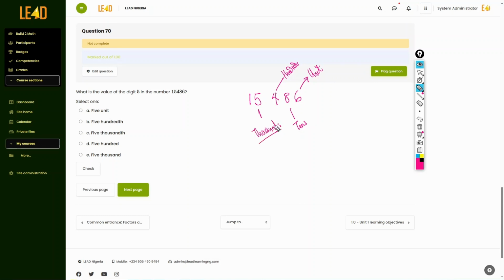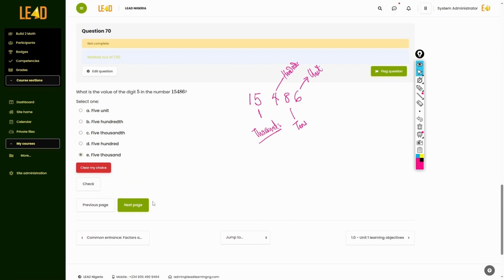Again, you need to learn how to count your place values all the way from units to trillions, and then from tenths after the decimal point all the way down also. So the answer is 5,000.